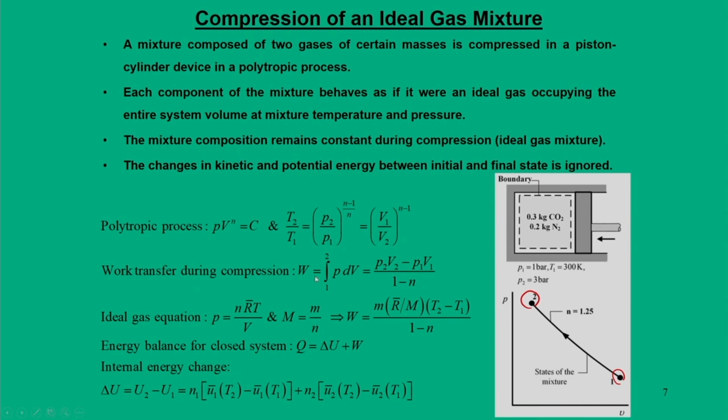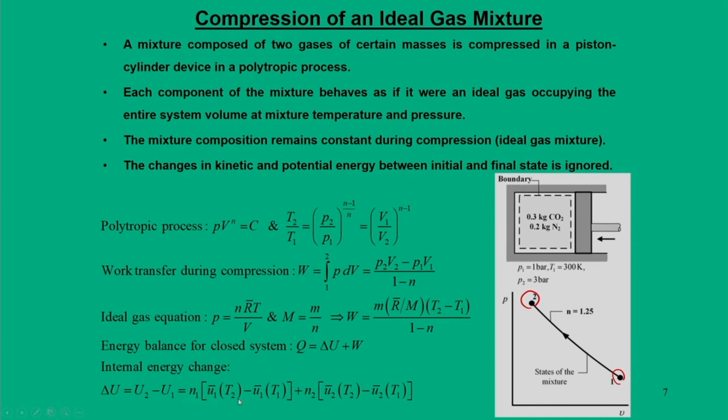Then, since it is a compression process, work transfer can be calculated as the integral of PdV. Since it is a closed system analysis, we can write the energy balance equation for the closed system, Q equals delta U plus W. And of course, from Q and W we can also calculate the internal energy change, U2 minus U1.